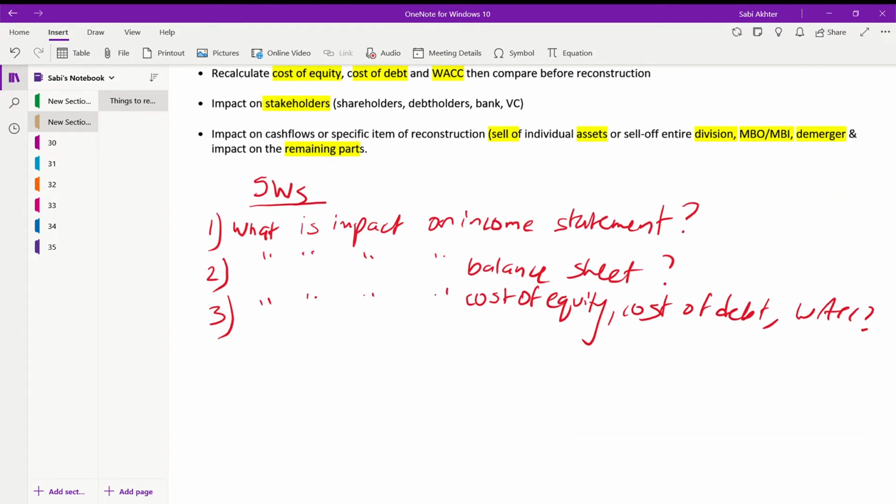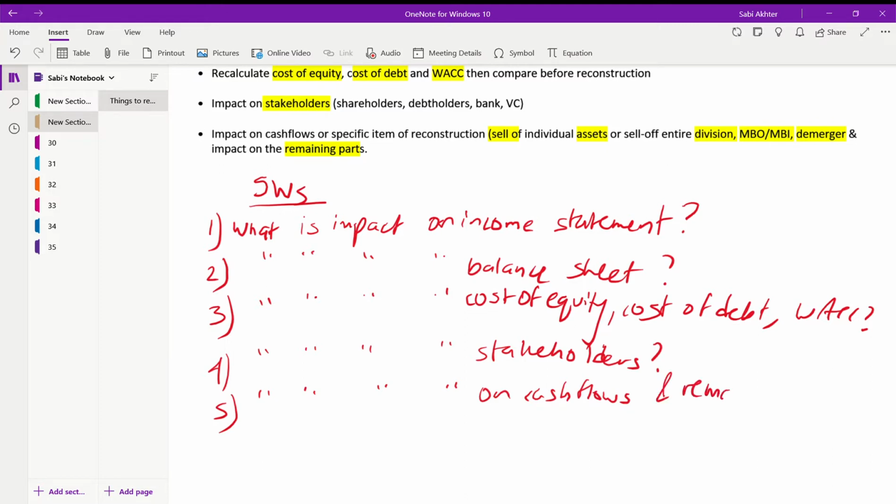Number 4, what is the impact on stakeholders? Number 5, what is the impact on cash flows and remaining parts?